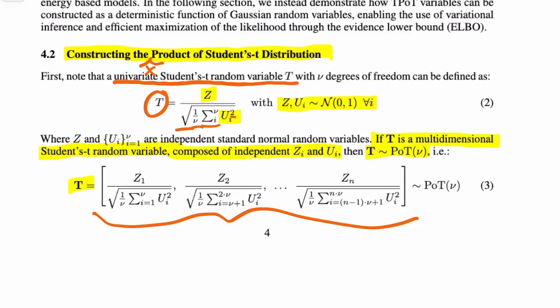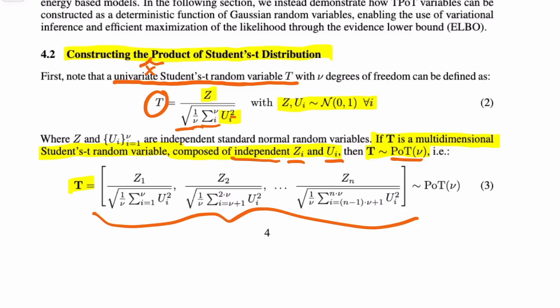This should connect to what we've seen before. We said that this model's organization of the latent space is of this form that we saw right here. We have the Z variable divided by the square root of the sum of the squared U variables. And now we learn how we can construct the product of student T's latent space given Z and U independent Gaussians.